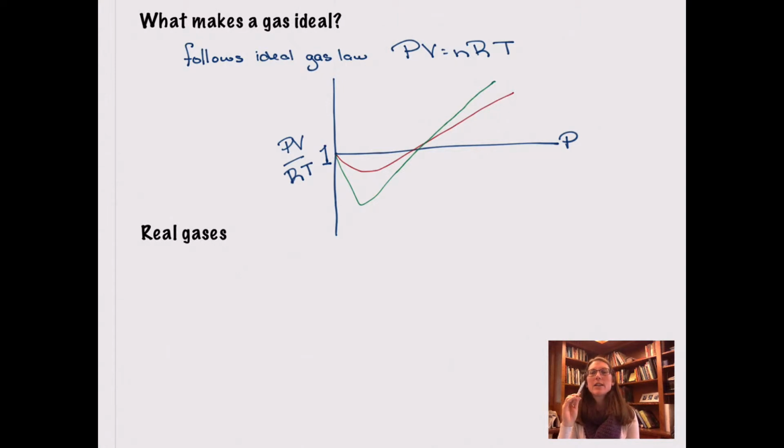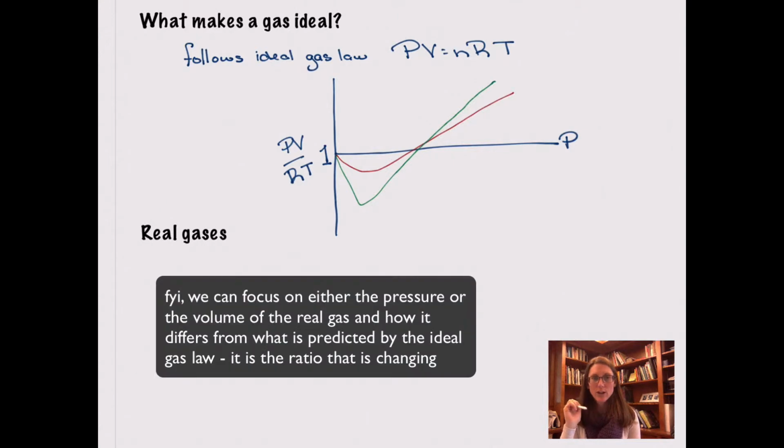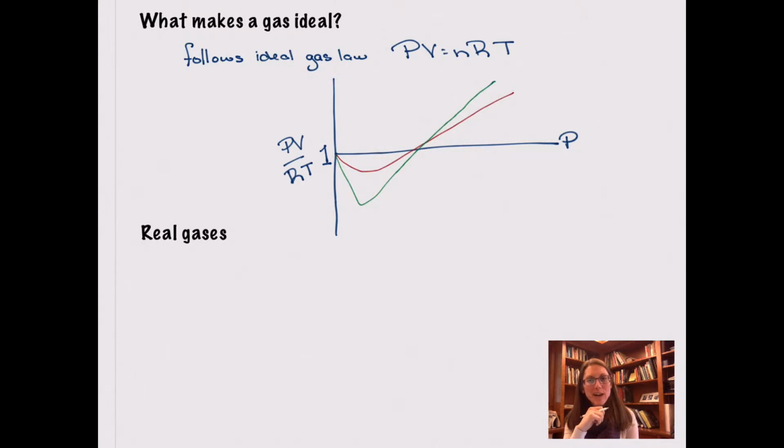So what would cause an initial decrease in pressure? Because for real gases, initially we'll see that our actual pressure is less than we would predict from the ideal gas law. What could be causing a decrease in the pressure? Fewer collisions with the walls. Well, what if those particles were sticking together or were attracting one another when they were close to one another?